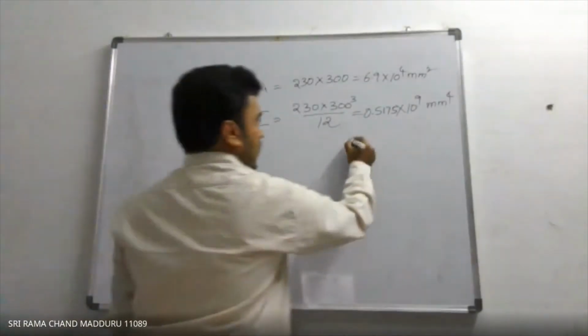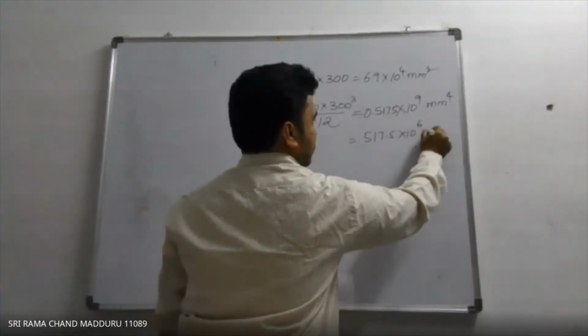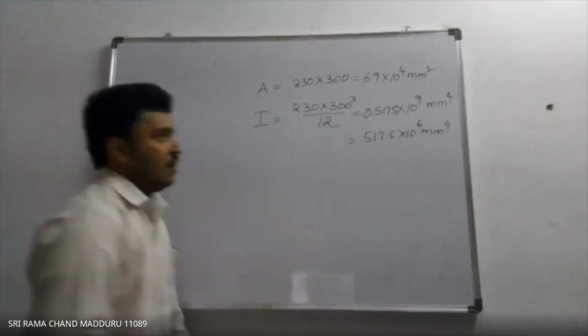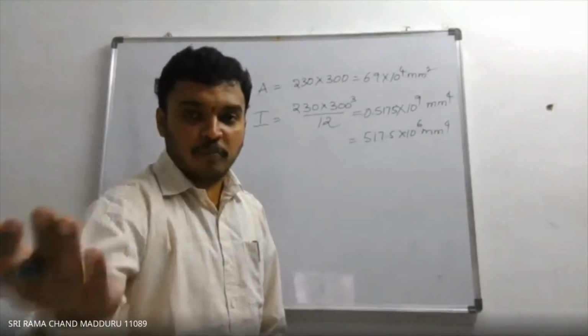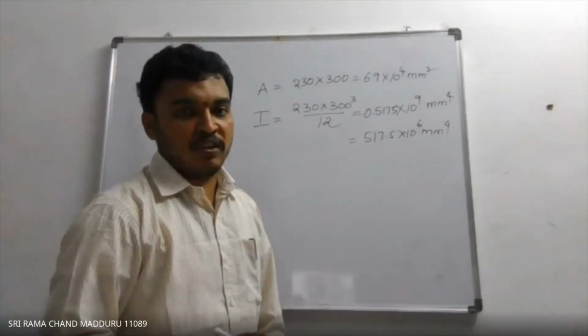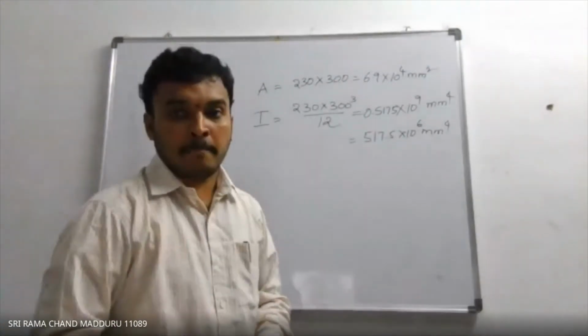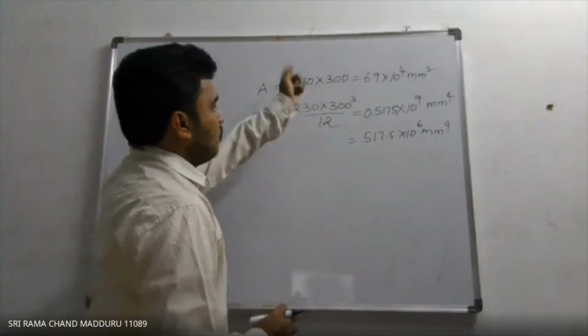Or otherwise you can also write down 517.5 into 10 power 6 mm power 4. If the values are wrong, please respond, unmute yourself and check it. Let me know if I am wrong here. Okay, so these two are okay.